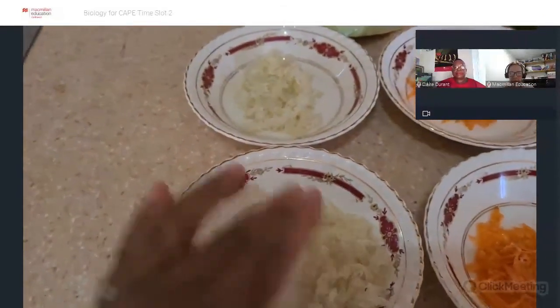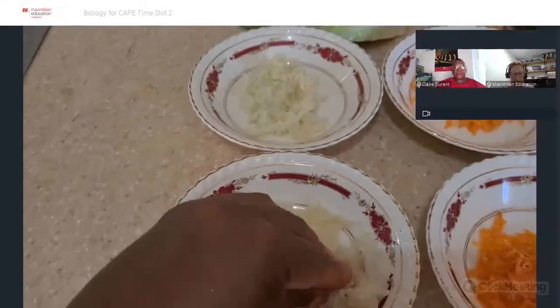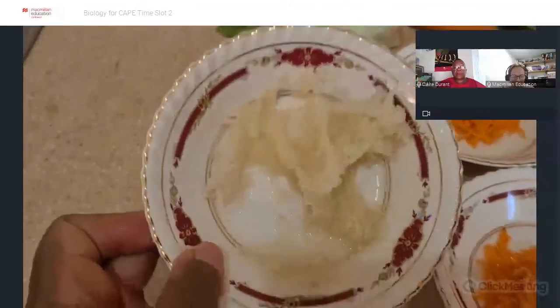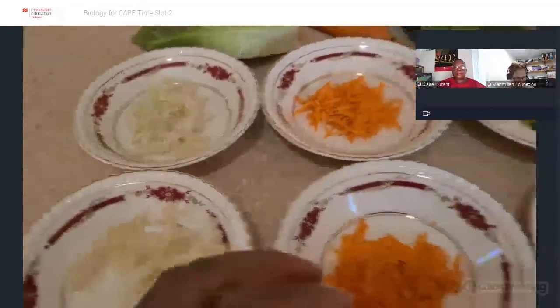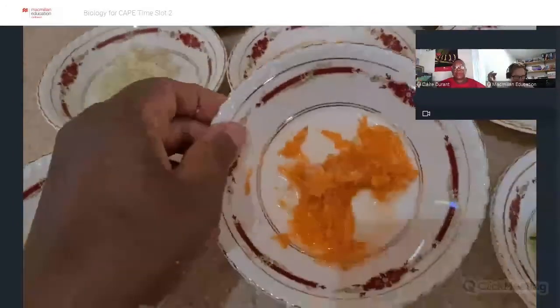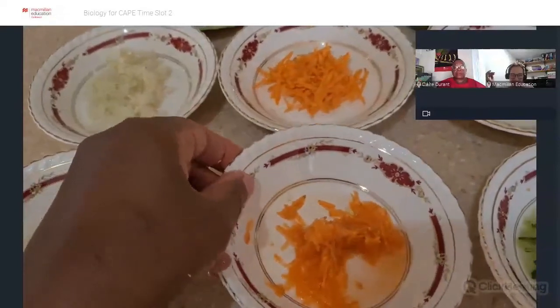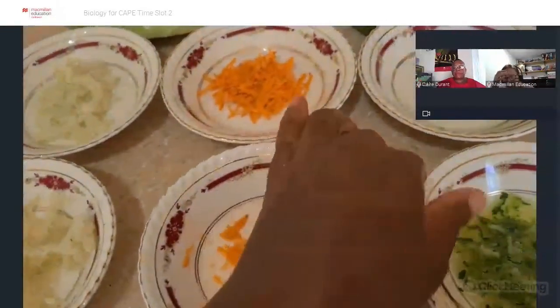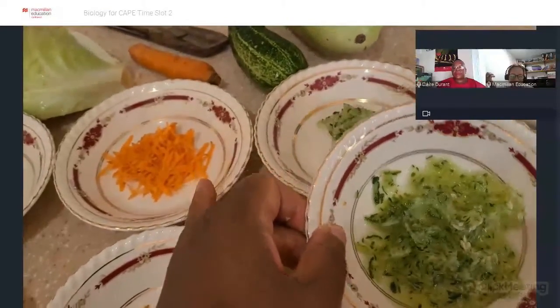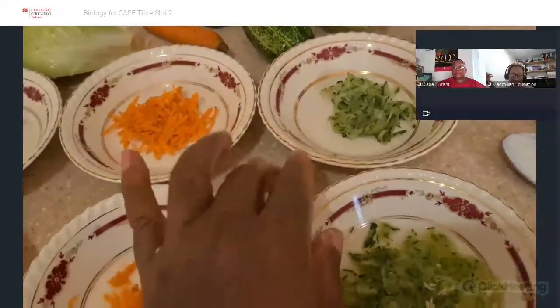Let me just move it away. You can see that liquid is moving there. Liquid has accumulated in the dish. For the carrot, we can see it there. Liquid has accumulated in the dish. And for the cucumber, we can see all that liquid has accumulated in the dish.